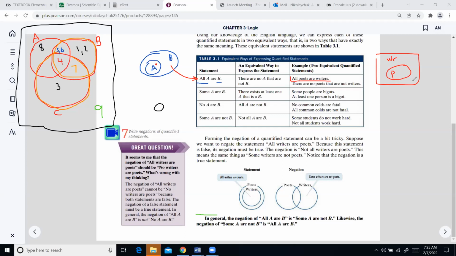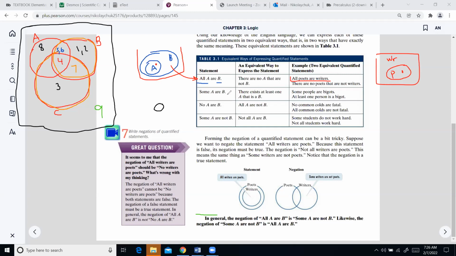If you are a poet, then you automatically write something, so you're also a writer at the same time. The poet is also found among writers. So this analogous Venn diagram to the one I had on the left side is also present here.